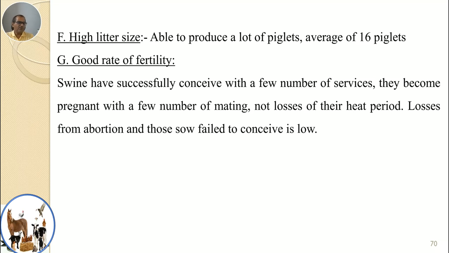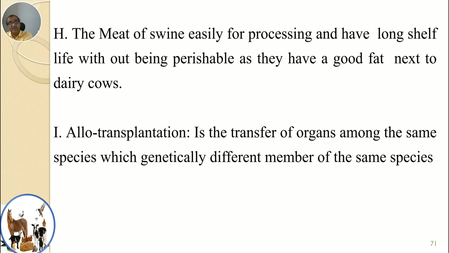And losses from abortion and conception failure are very, very low when compared to monoestrous animals like cattle. In cattle, repeat breeding is one of the greatest problems, whereas sows can easily conceive and start farrowing as early as possible, because the gestation period is just 120 days. So we can get the piglets very fast.